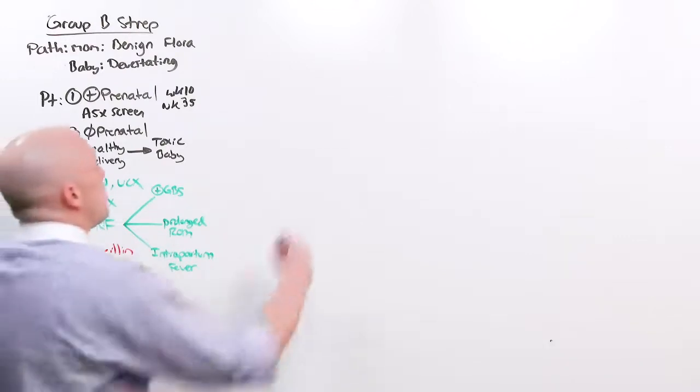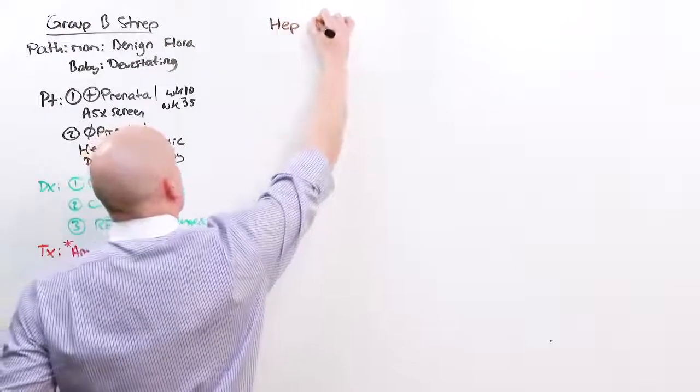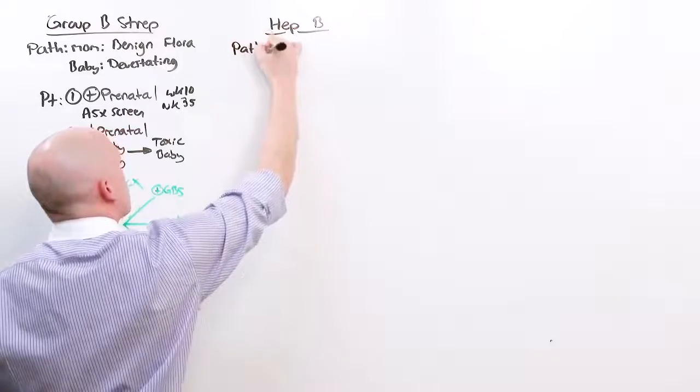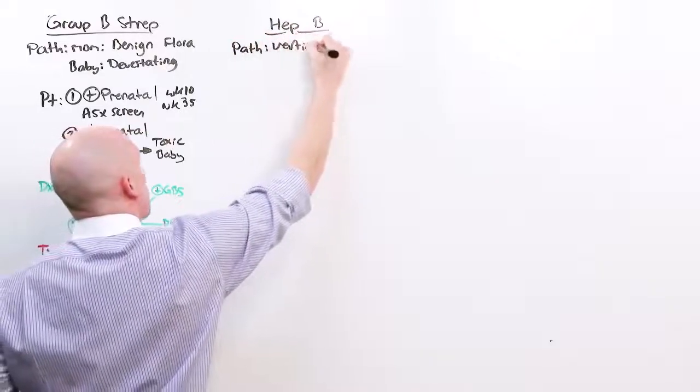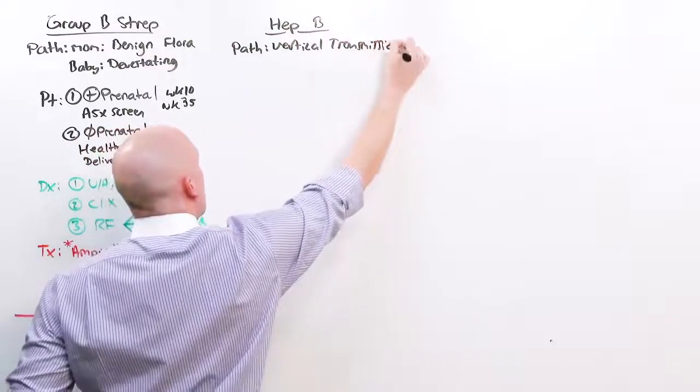The second is Hep B, and we talk a lot about Hep B during the hepatitis lectures and infectious disease. And we're going to pay primary attention to vertical transmission. That is, mom is in a chronic carrier state.